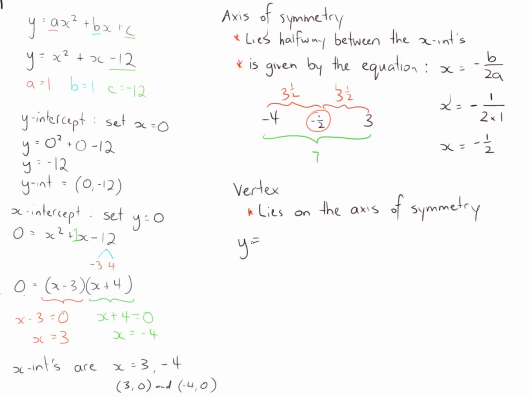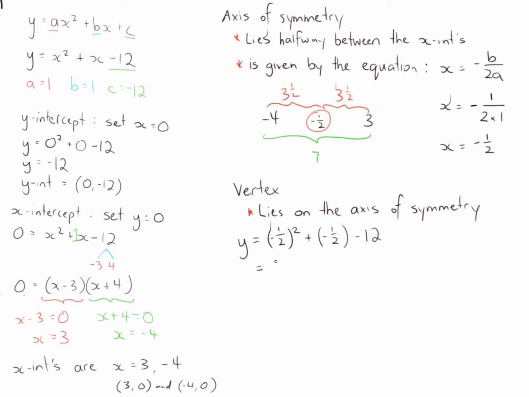y equals x squared plus x minus 12, but we're going to replace x with negative 1/2. So there we've rewritten y equals x squared plus x minus 12 by substituting in negative 1/2 for x.